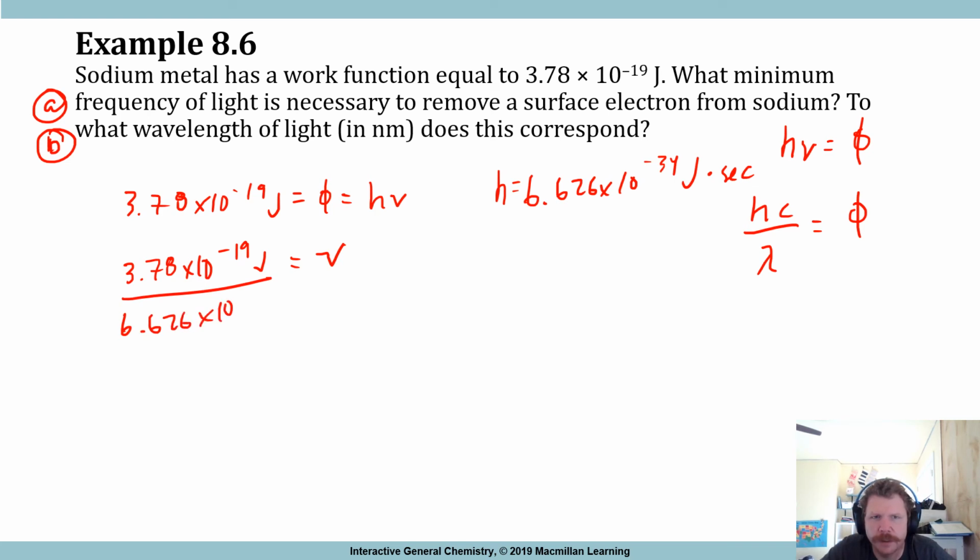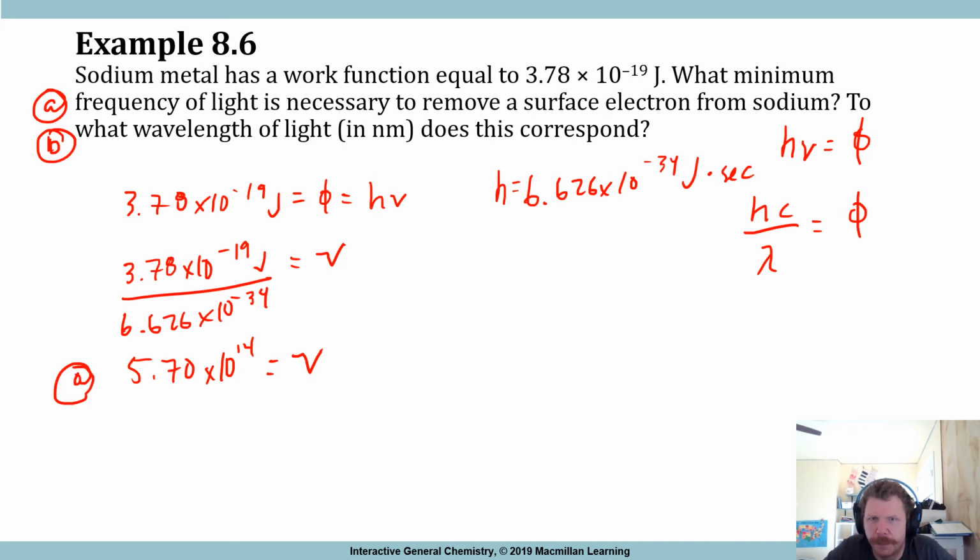So 3.78 times 10 to the negative 19th divided by 6.626 times 10 to the negative 34th. Our frequency here is equal to 5.70 times 10 to the 14th. That gives me that piece of information, so this solves for A.